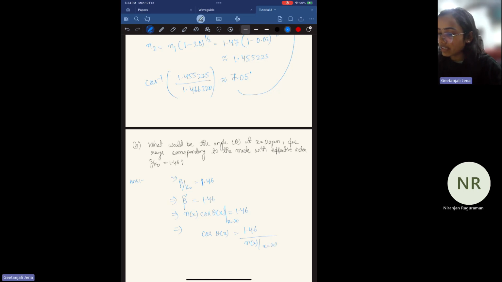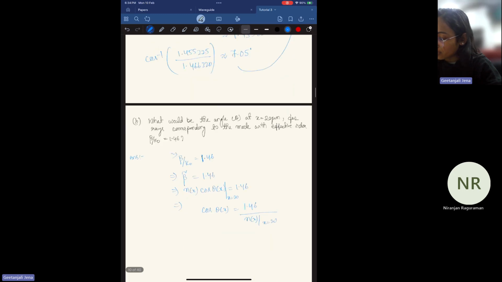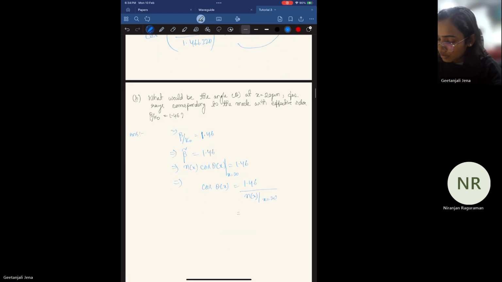This we have already calculated. It will come around 1.46320. So this is 1.46 over 1.4632.